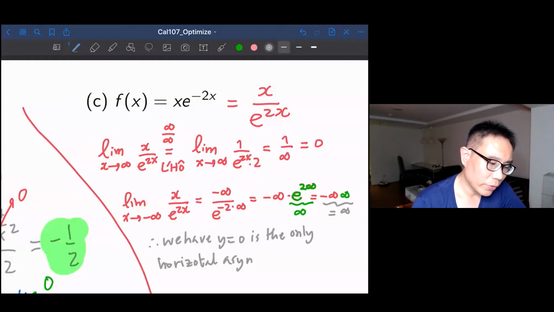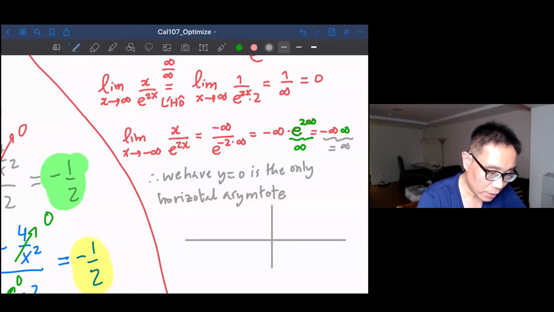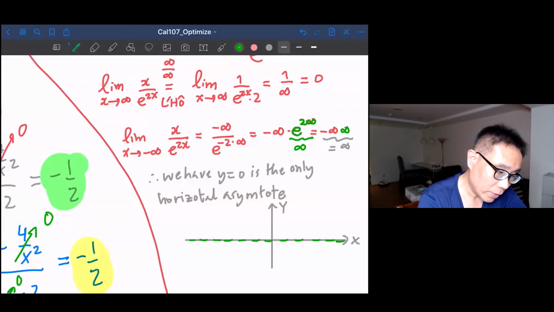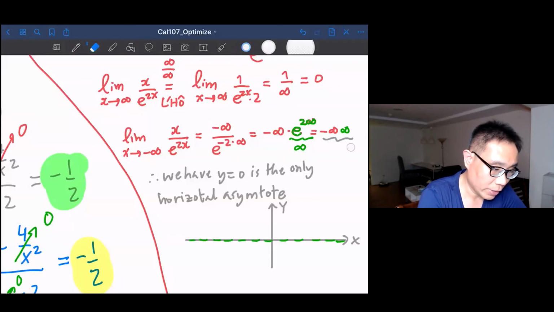And if you draw the graph, it's going to be different from the previous question. You're going to have y equal to 0, which is this horizontal line. When x goes to negative infinity, it's going to go down to negative infinity, because it's the negative side.